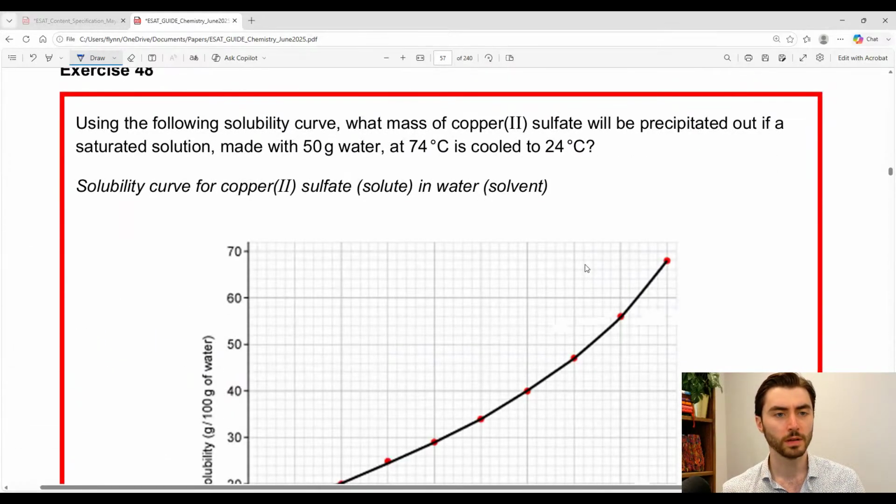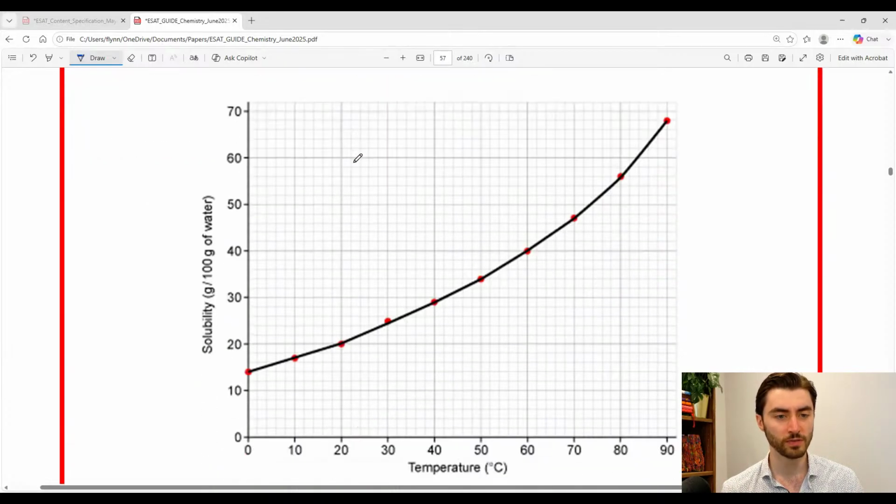Okay. Using the following solubility curve, what mass of copper 2 sulfate will be precipitated out? If a saturated solution in 50 grams of water at 74 degrees. So at 74 degrees, I'm just going to call that 50.